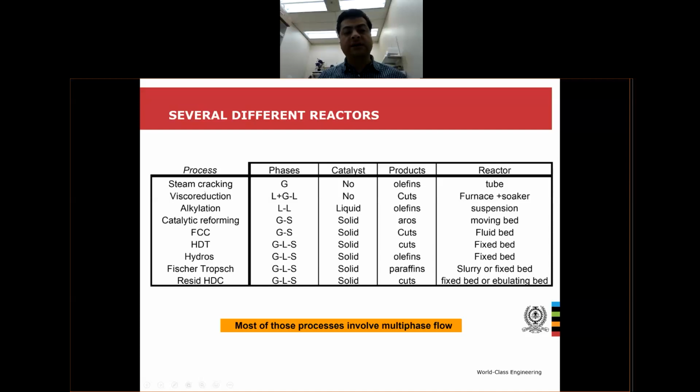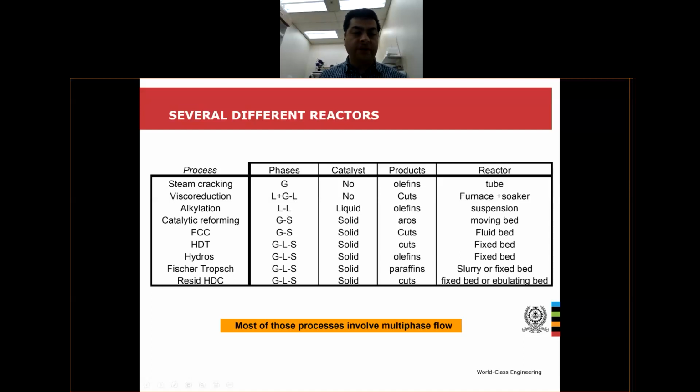And in all these chemical reactors, reactants and catalysts are in different phases. In steam cracking, you have only one phase, so it's a monophase, just gas. But in most of the other chemical processes, you have liquid phase, gas phase, solid phase, and so on.